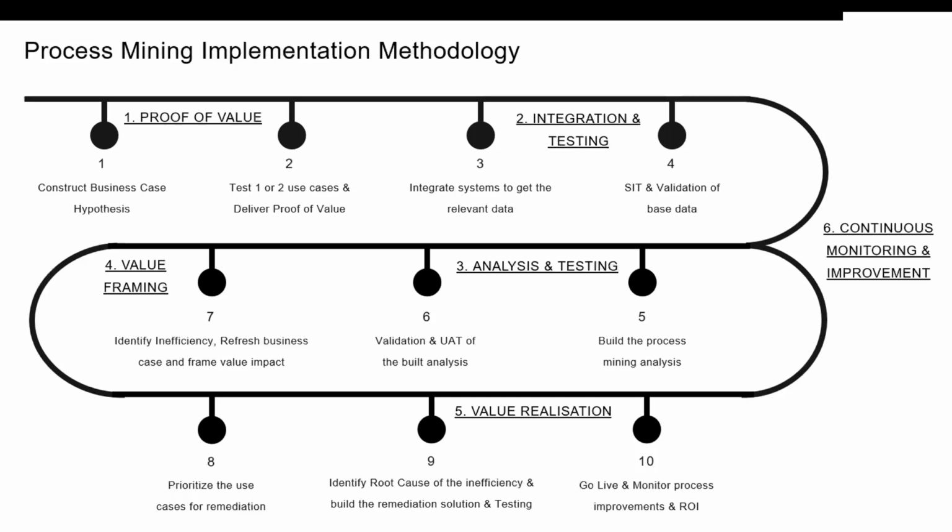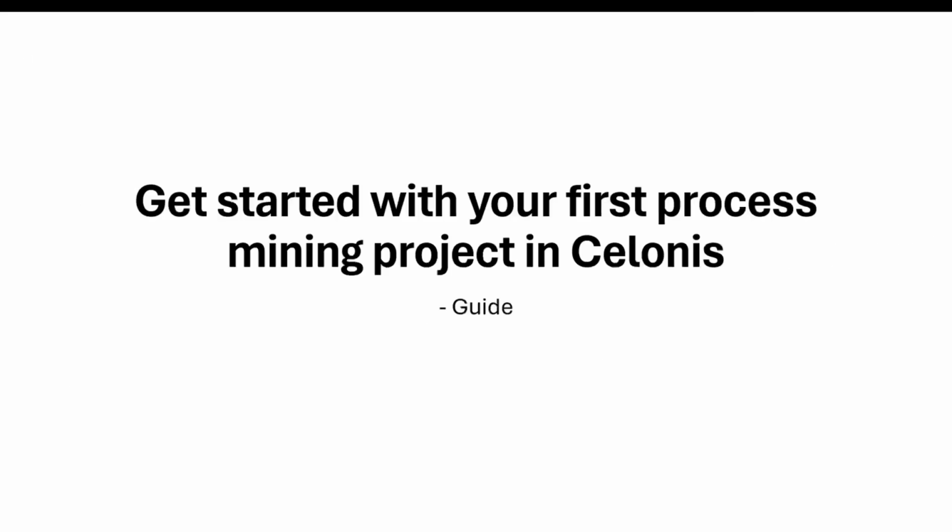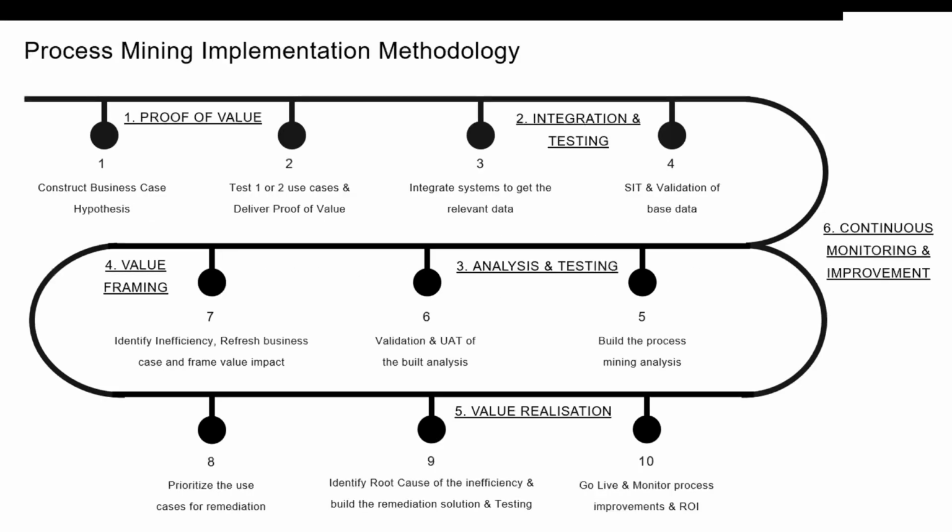Once this process went well and people are seeing a good amount of improvement in the process and the return on investment, we would get into the continuous monitoring stage. Once the business has understood that this is providing return on investment, we go ahead with additional use cases.